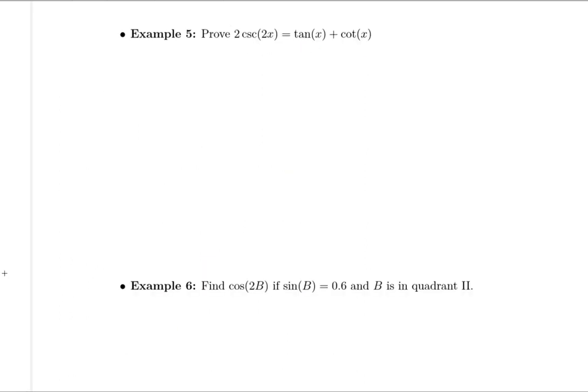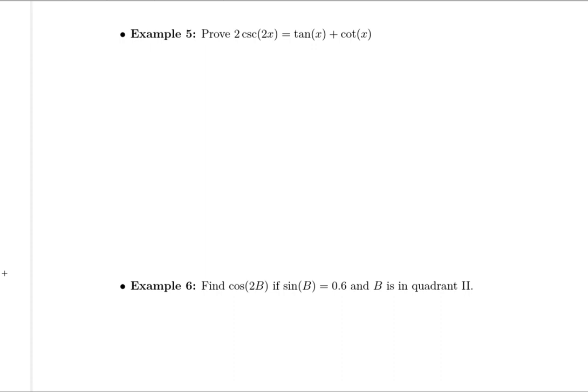All right, let's do one more proof problem here. So we have 2 times the cosecant of 2x is equal to the tangent of x plus the cotangent of x. Okay. So this one, I think I could see doing this in a couple of different ways.